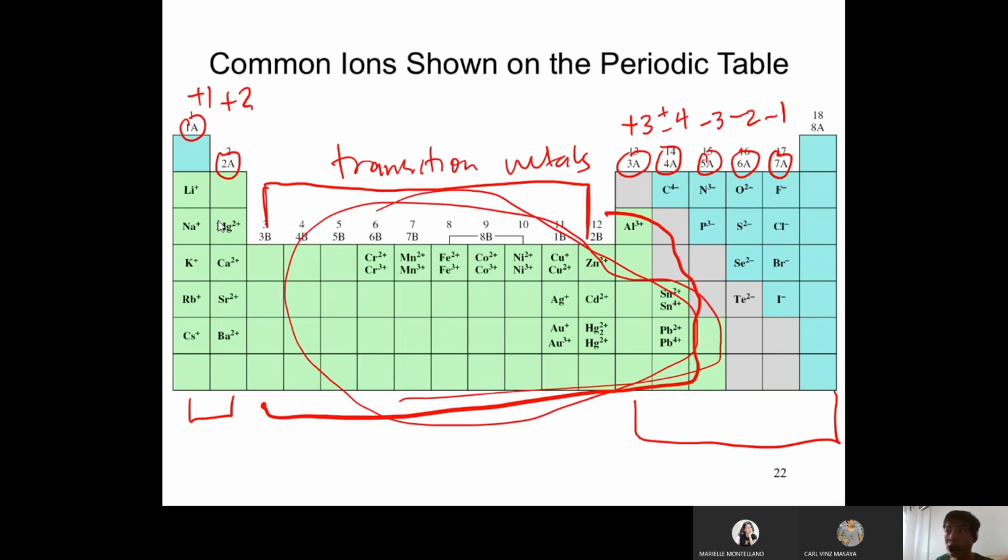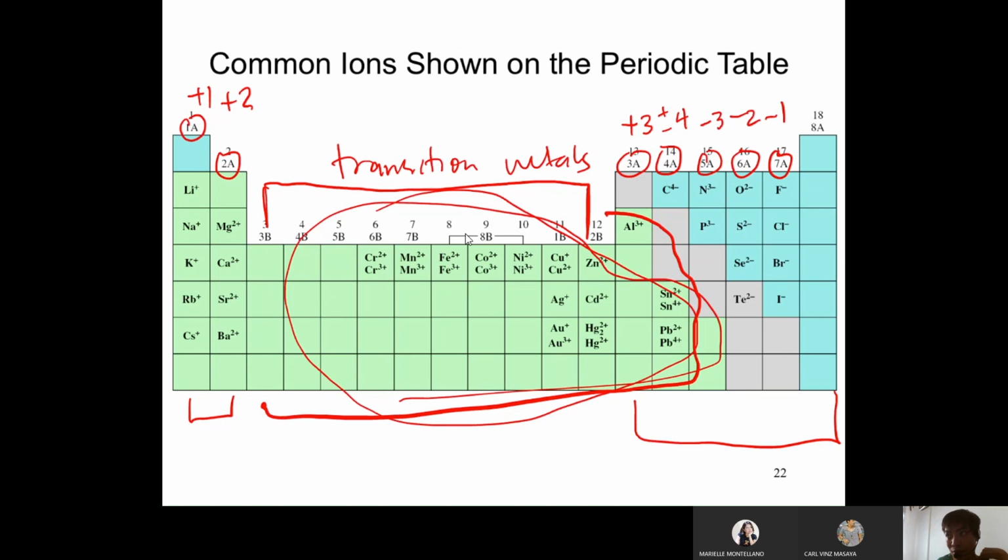But for these elements on the left and on the right, they're fairly predictable, because they only have S and P orbitals. That's easier to predict than d orbitals, which are weird.